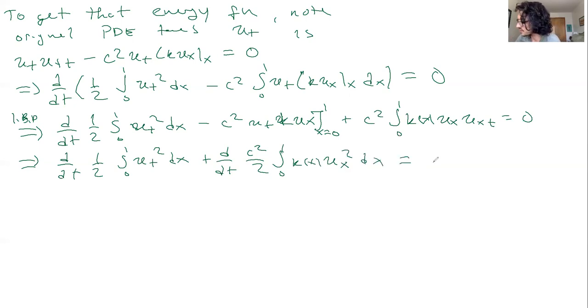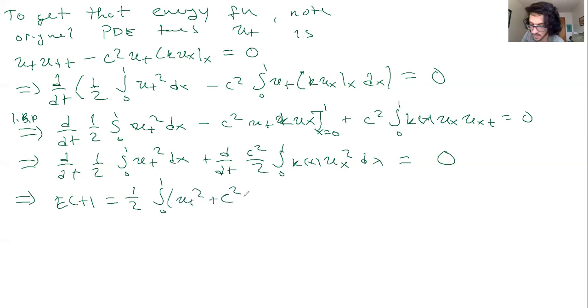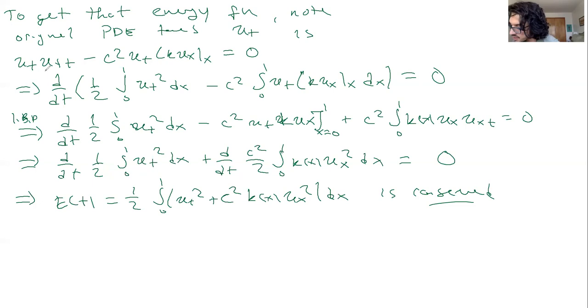So sort of going the other way, this is equal to 0. That implies that if I want to use something like energy conservation, this energy that I can define is conserved.